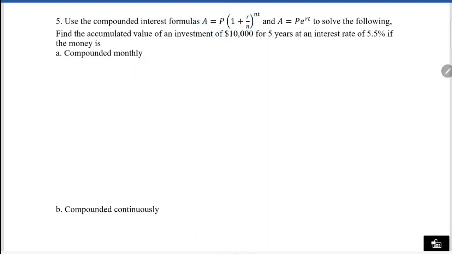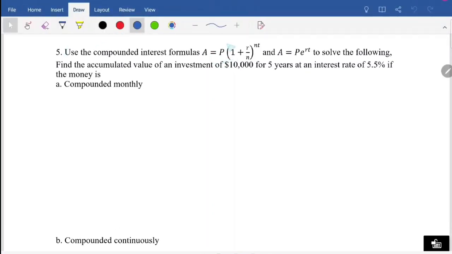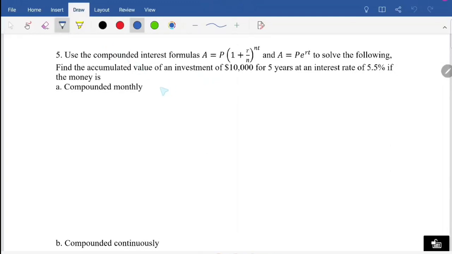All right. So let's look at the formula. Let me pull up my pen here. So we have A equals P times 1 plus R divided by N raised to the power N times T. So A represents the final amount that we need to calculate. It says find the accumulated value.